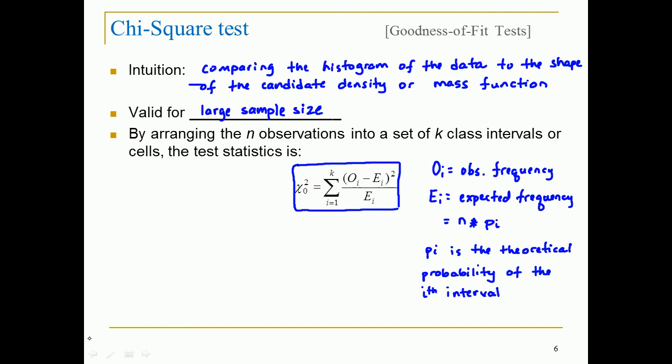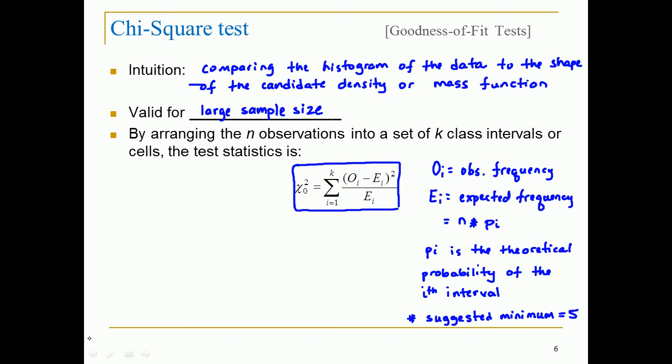For the expected frequency, the suggested minimum for this chi-square test is 5. Okay?